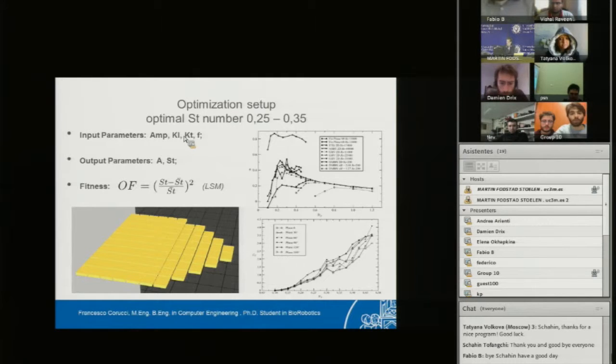And we use as output parameters, thanks to the simulation in Webots, the amplitude that I said before of the bottom boundary, and the Strouhal number that is computed using these parameters. So our fitness was to swim at the highest efficiency, that is at a Strouhal number of 0.3. And so we launched an optimization to fit this and see what changed between Earth and Titan.